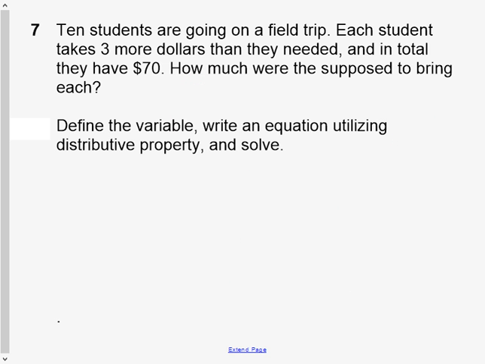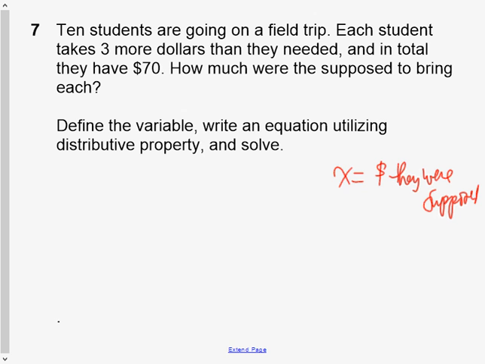And finally, the last question says 10 students are going on a field trip. Each student takes $3 more than they needed, and in total they have $70. How much were they supposed to bring each? So if we say that x equals the number of dollars they were supposed to bring, the first thing we want to always do in these questions is define our variables.